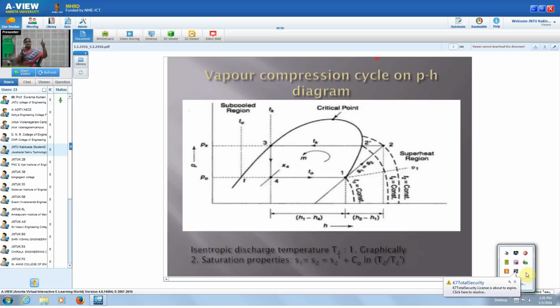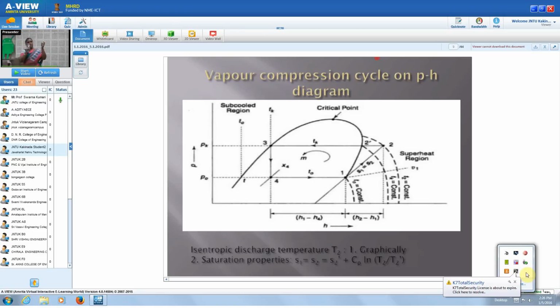So you know the specific heat of the vapor refrigerant, that will be given in the problem. That should be multiplied with T2 minus T2 dash, which is nothing but the superheating. That is the heat available in the vapor which is in the superheated condition, so that is to be removed.